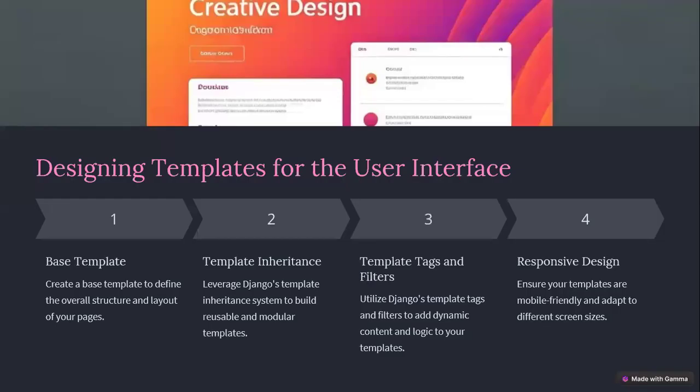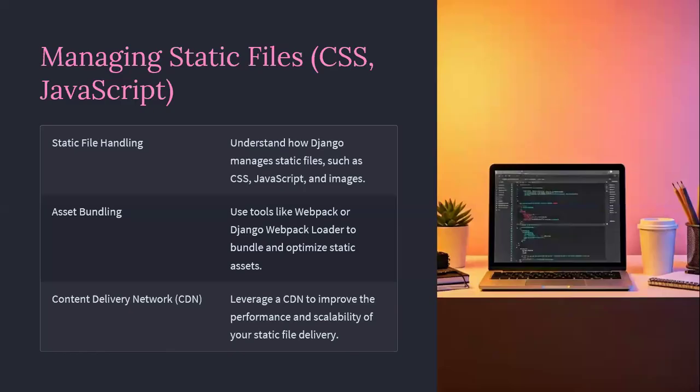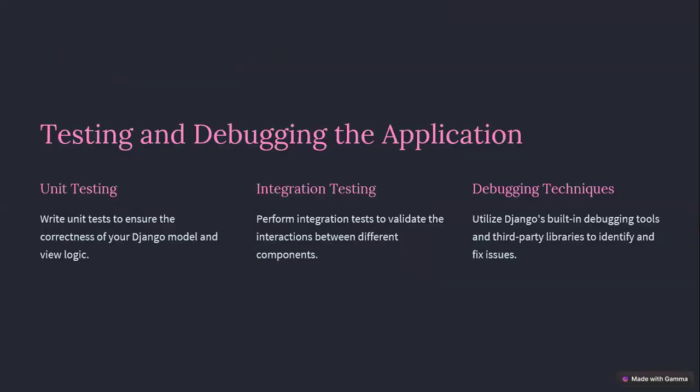Then designing template for the user interface. We're going to be also looking at base template, template inheritance, template tags, and filter, then responsive design as well. Then we are also going to see how to manage static files using CSS and JavaScript during the course of this project which we want to do. Then testing and debugging.